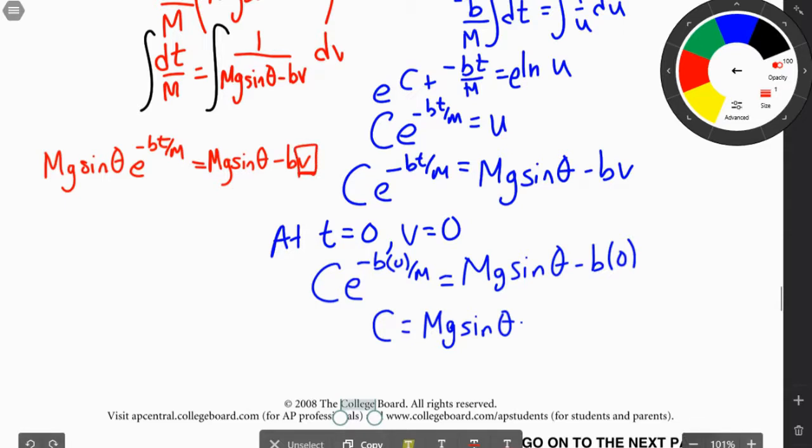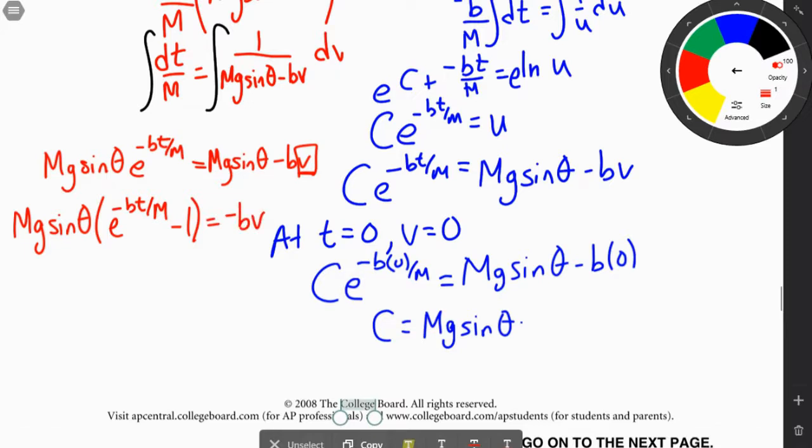So I'm going to subtract mg sine theta, and in fact I'm going to factor that out because you're going to see it's going to be the same. So mg sine theta times e to the negative bt over m minus 1 equals negative bv. And I'm going to divide all this by negative b, and that's going to give me my final answer.